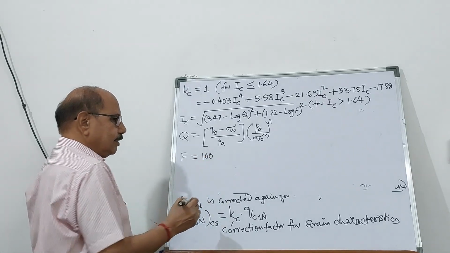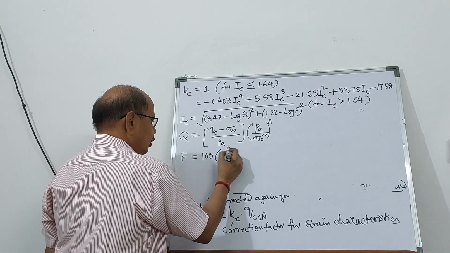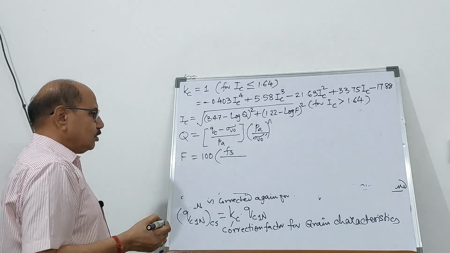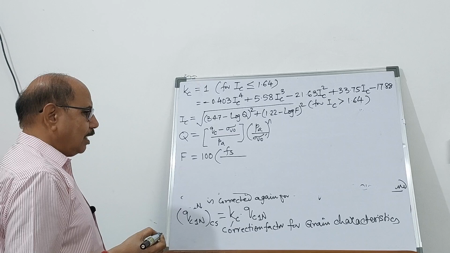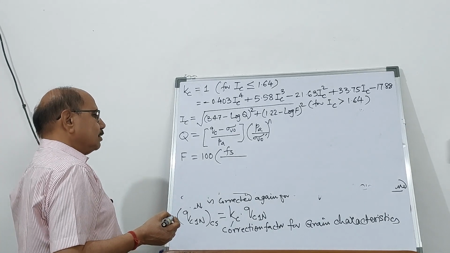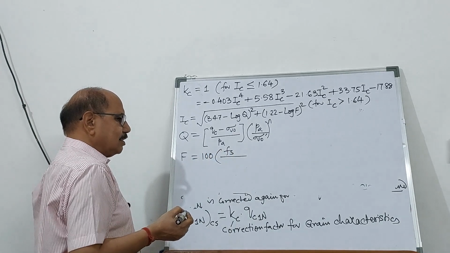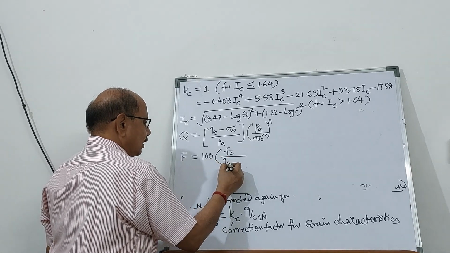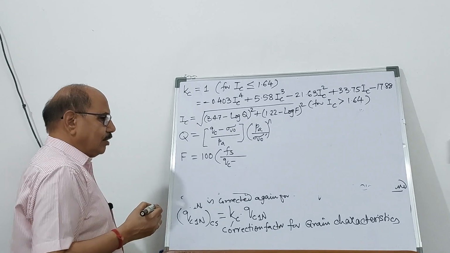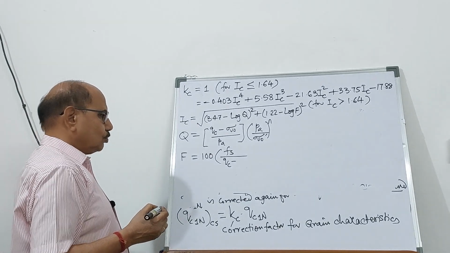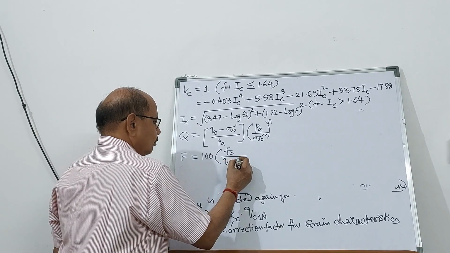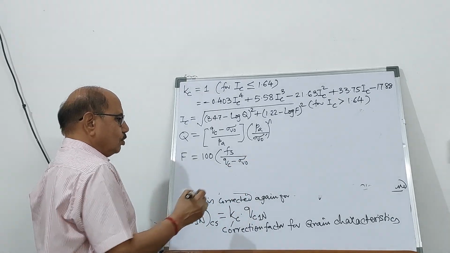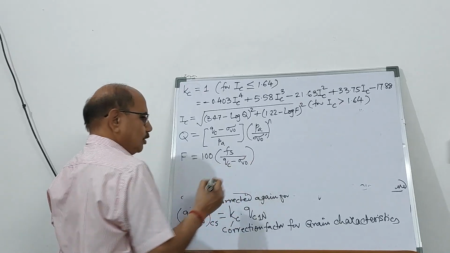So 100 into sleeve friction. I've already told you that sleeve friction in CPT is designated as Fs, divided by the measured value of cone tip resistance minus the total vertical overburden pressure.